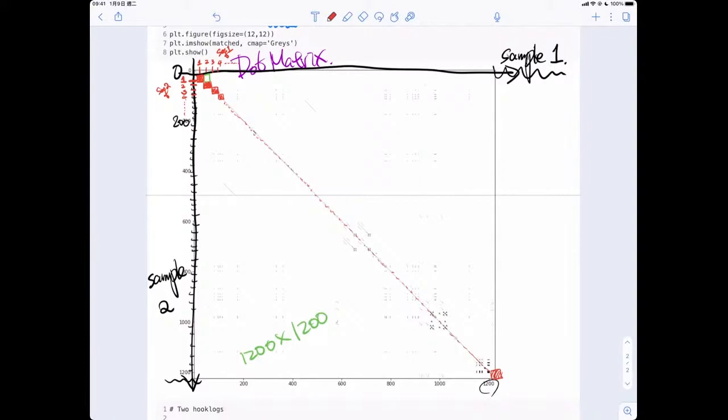Okay, that means event 1 and event 1 are exactly the same, event 120 and event 120 are exactly the same.